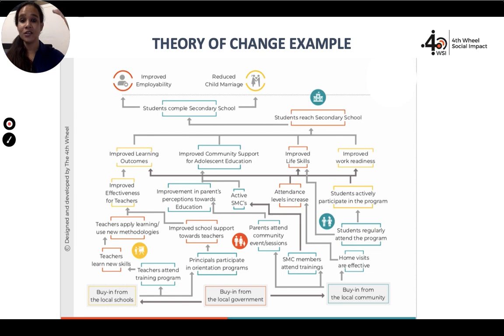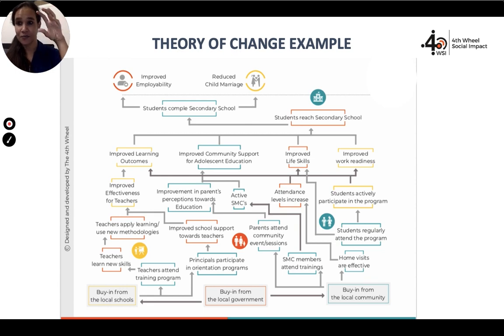For students to reach secondary school, they should have good learning outcomes. They should pass all the relevant grades. There should be community support. Parents should support students to enroll in higher education. Students should have improved life skills when it comes to confidence, self-belief, time management, all of that.